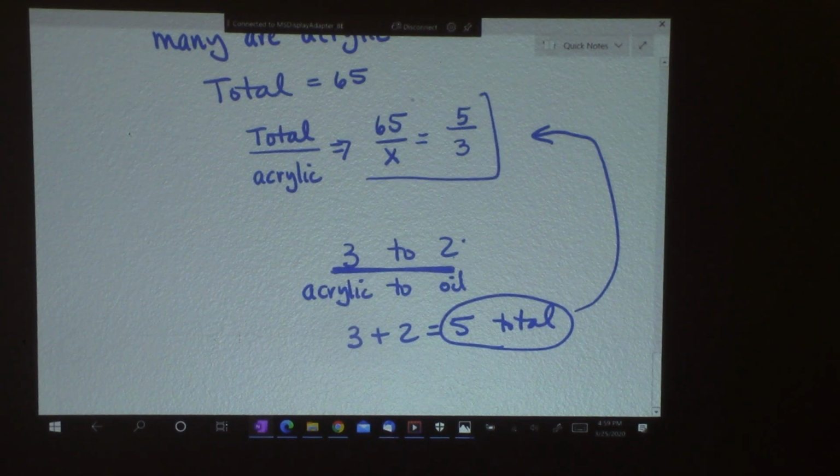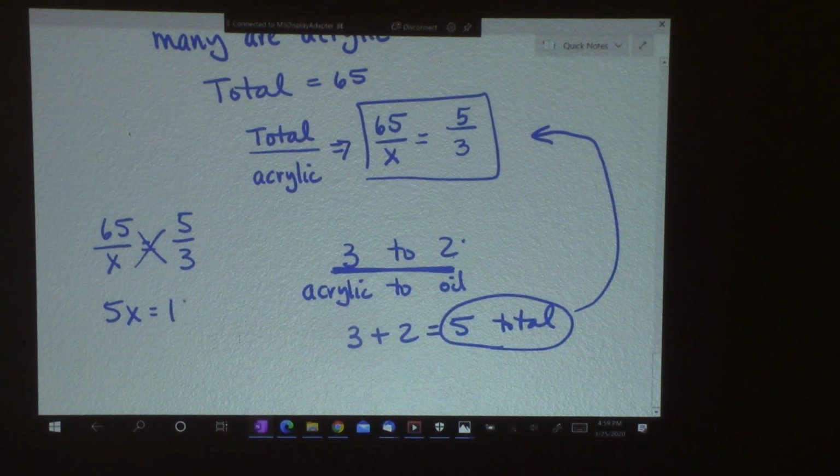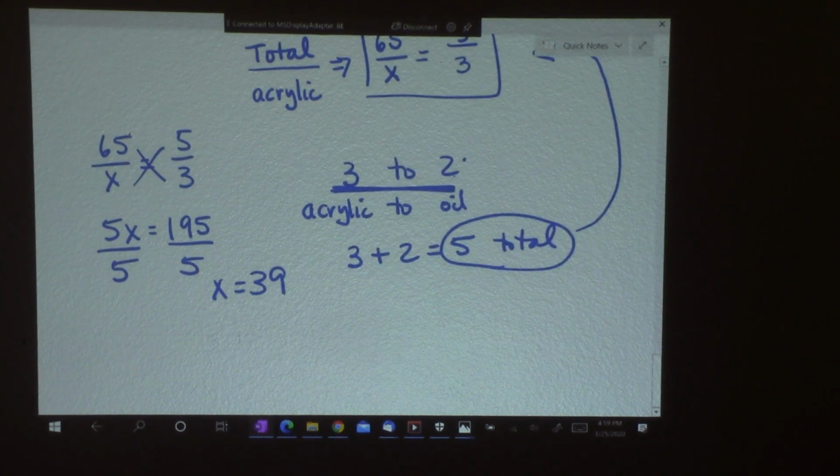So now I have my proportion. So I'm going to rewrite it over here. And I cross multiply and divide, so I get 5x equals 195, I believe. And I divide by 5, and x equals 39. So if there's a total of 65 paints, 39 are acrylic.